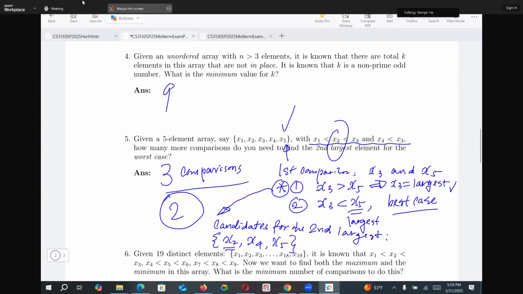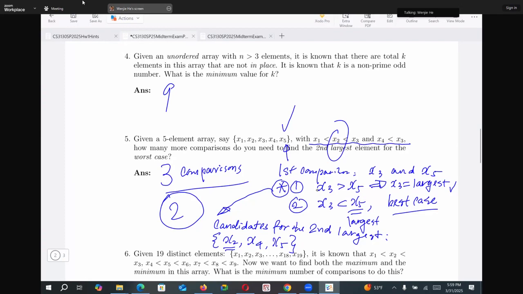By intuition, they feel x2 cannot be the second largest. Think about how you would eliminate x2 from being the second largest. You do not know whether x2 is larger or x4 is larger, right? So all three elements are qualified to be candidates for the second largest.